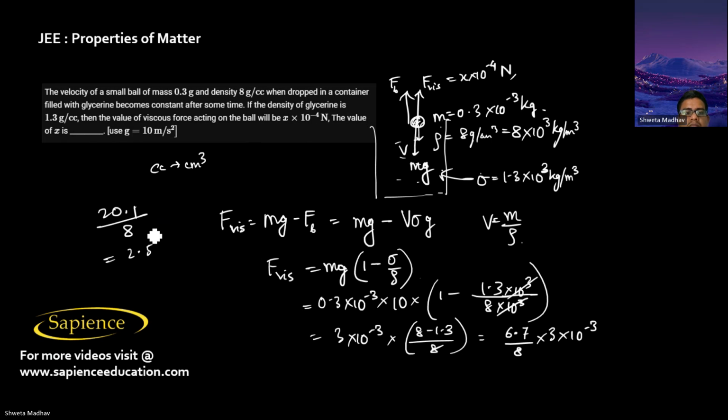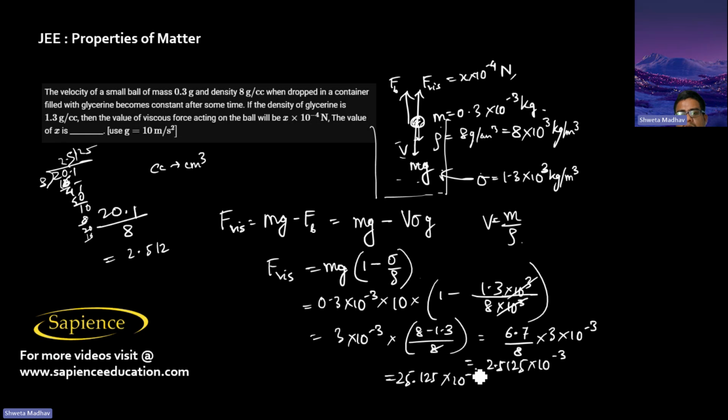21.1, so 8 is a 16, 16, 41, so 5 is a 40, so it will be 0, 8, 1 is 8, 70, 8 is a 16, so 2.512, this will be 2.5125 into 10 power minus 3, or I can say it is 25.125 into 10 power minus 4 Newton.